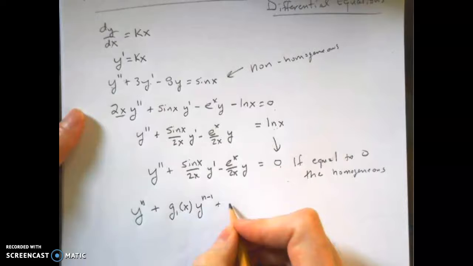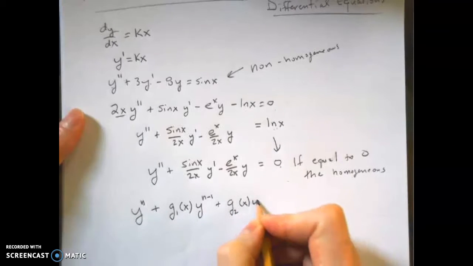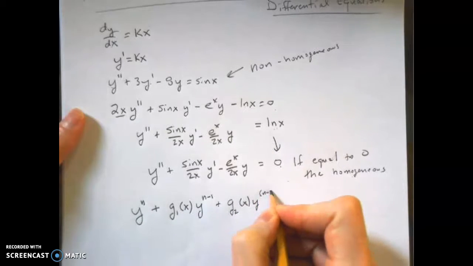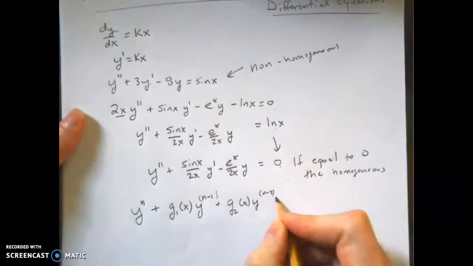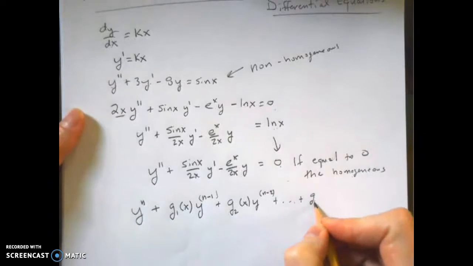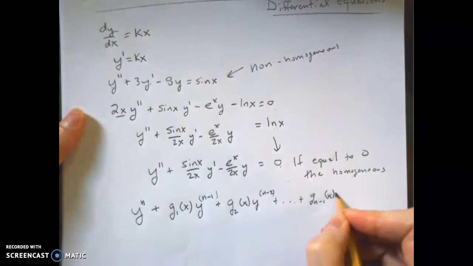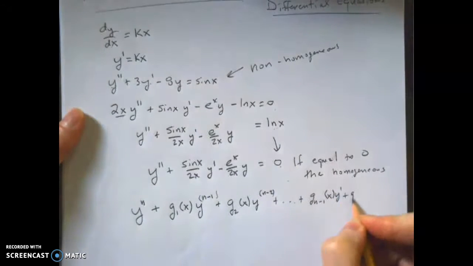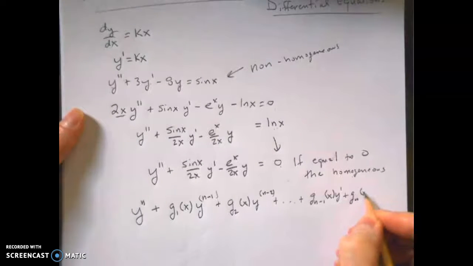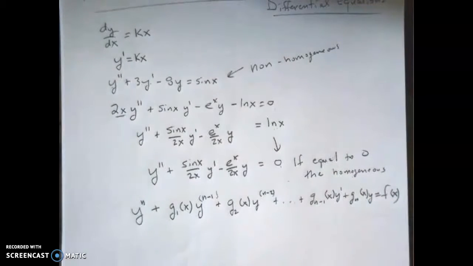This is the general form. g2 of x, y to the n minus 2, plus dot, dot, dot, and then you get down to g n minus 1 of x times y prime plus g n of x times y is equal to some function f of x.